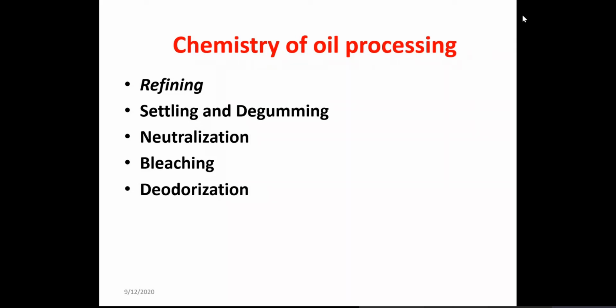If you look at the seed of any plant, at least in India, there are various types of oil. On the first day, we saw you have peanut oil, you have sesame oil, and India being the largest producer of peanut, we have peanut oil.